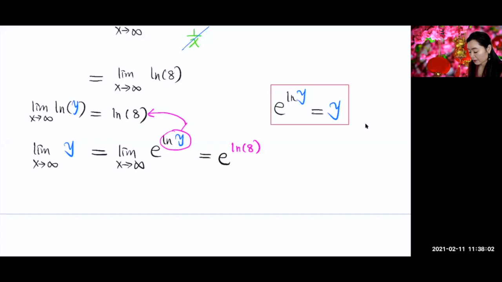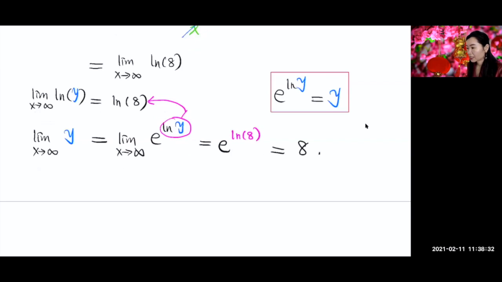So therefore, finally, you see that this exponential function with base e and this log function with base e are inverse functions, so they reverse and give you 8. So the answer here is equal to 8.